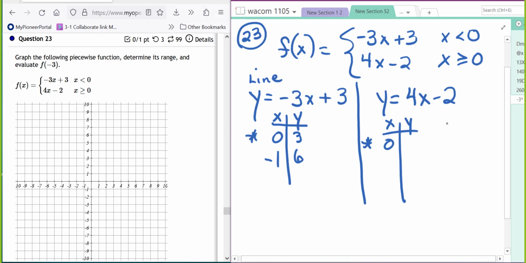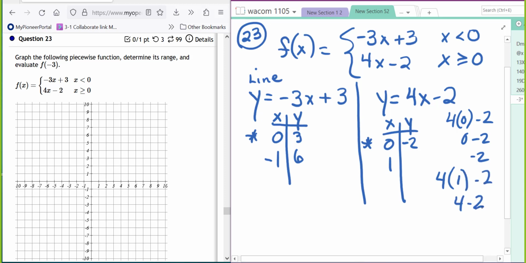We plug it in. So 4 times 0 is 0 minus 2 is negative 2. And then we want something bigger than 0, so we'll pick a 1. So 4 times 1 minus 2. So 4 minus 2 is 2.